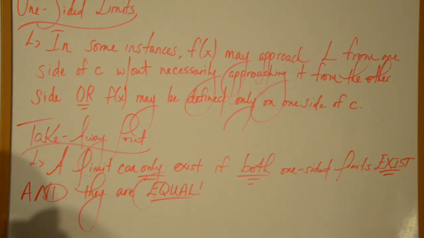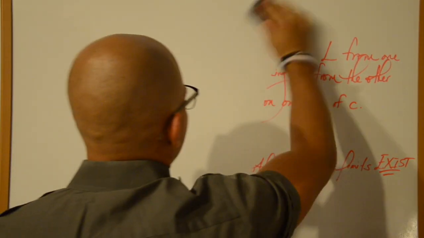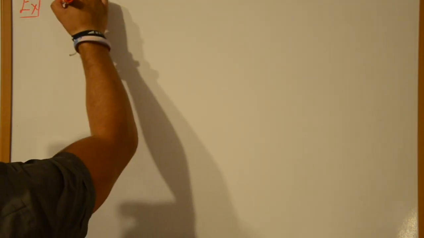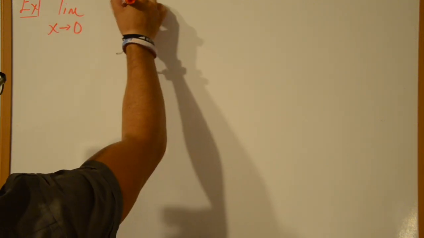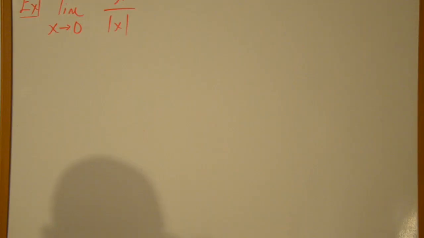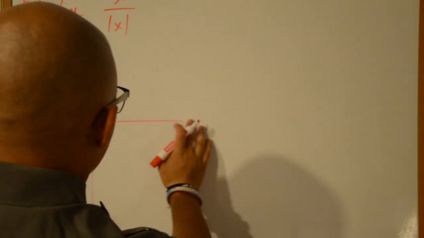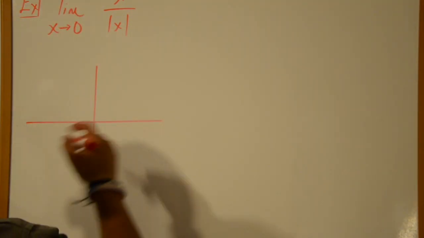Okay, let's see what this looks like in practice, away from the theory. Let's take a look at this function. The limit as x approaches 0 of x divided by the absolute value of x. And yeah, let's look at it graphically.